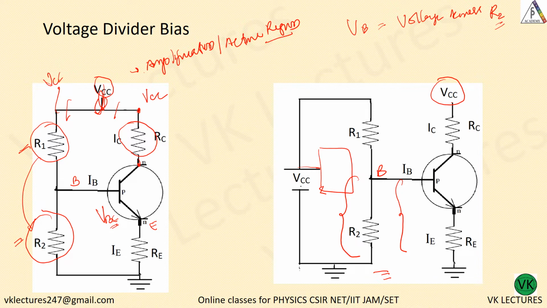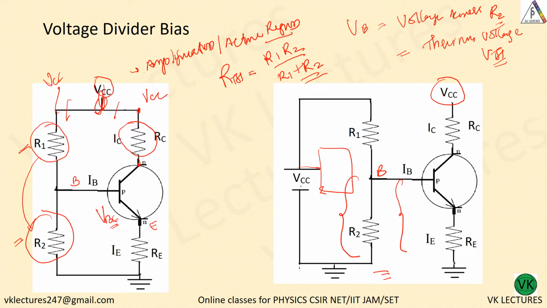Now what is that? This is nothing but Thevenin's voltage, VTH. Now what is Thevenin's equivalent resistance? RTH. RTH is nothing but R1 R2 divided by R1 plus R2.